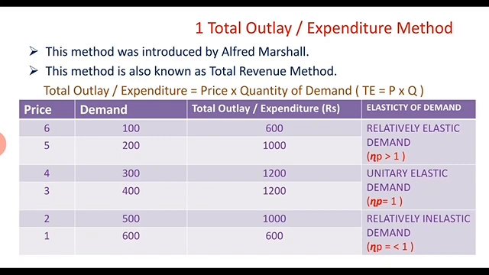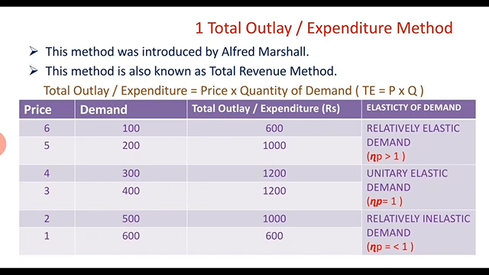Now we try to see how the price elasticity of demand is calculated through this method. If total expenditure increases with a fall of price and decreases with a rise in price, then the demand is said to be elastic demand.